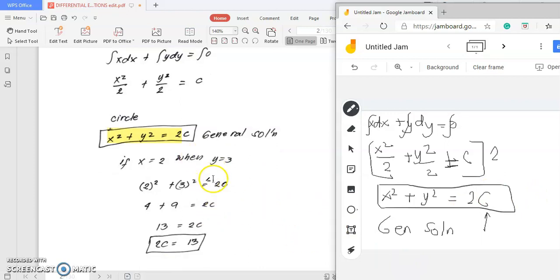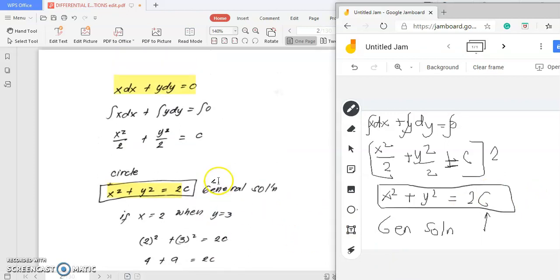So now, what is a particular solution? For example, if you encounter problems in geometry where this equation is given, an equation of a circle which passes through the point 2 and 3, or coordinate 2 and 3, where x is equal to 2 and y is equal to 3.